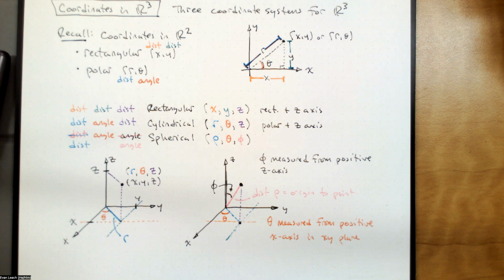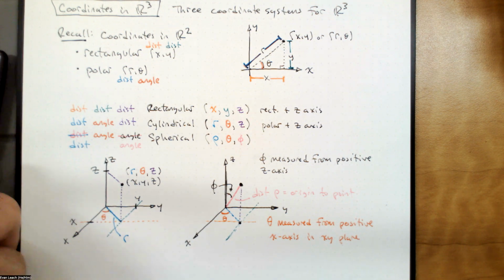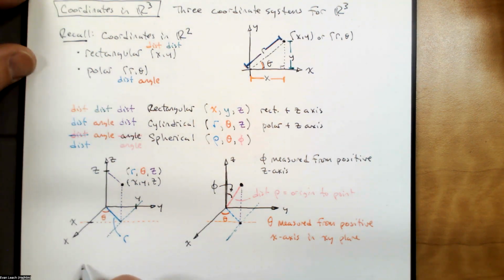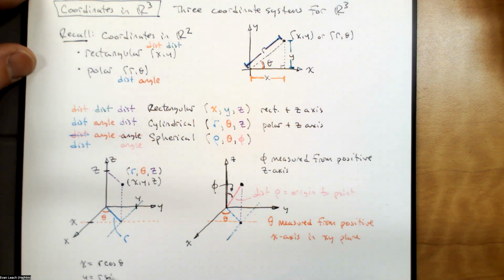So we have relationships between rectangular and polar coordinates. For rectangular and cylindrical coordinates, those relationships hold. X and Y and R and theta is all stuff that's happening on the floor, so nothing changes there.